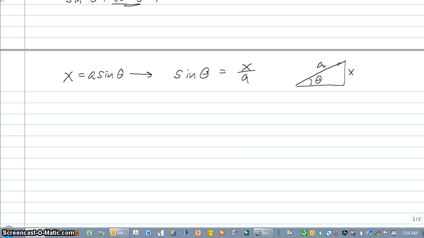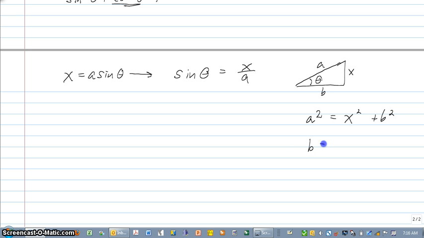And so if I use my Pythagorean theorem, this side squared plus this side squared must equal this side squared, which tells me that this side, if you want to give this a name, b or something like that, you could figure out what b is. Let's see, Pythagorean theorem would be a squared equals x squared plus b squared.